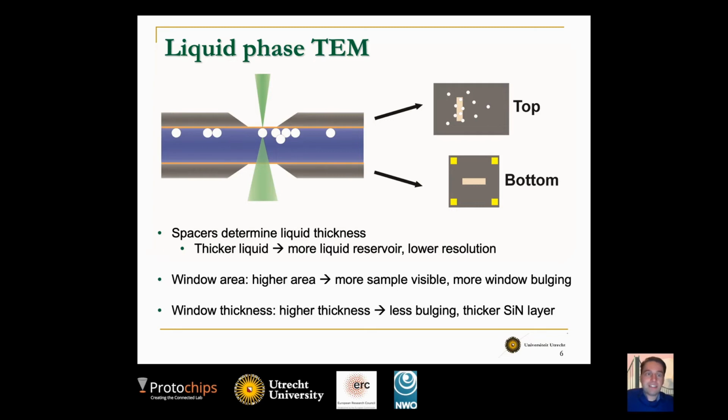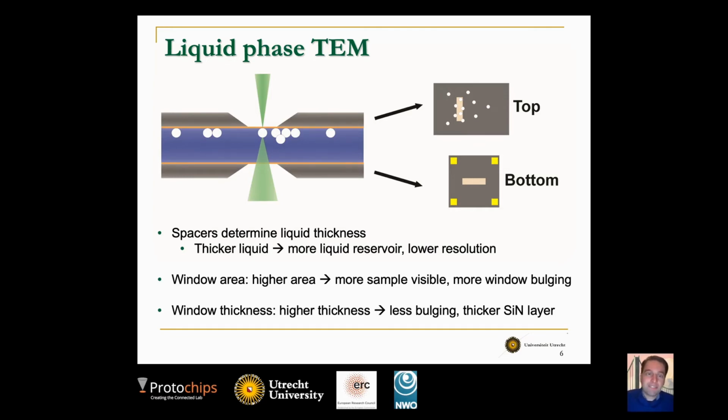A second aspect might be that if you have a very aggressive medium, you might want thicker windows, because then they will last longer in your experiments. Because if you have a very aggressive liquid, you might slowly etch away your windows during the experiment. This might also be something that you would want to consider, but in our case, it is not that much of a problem.